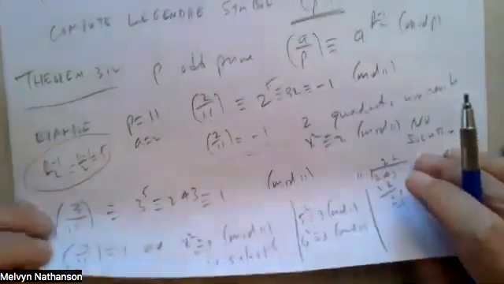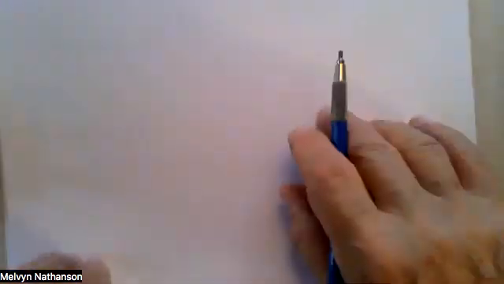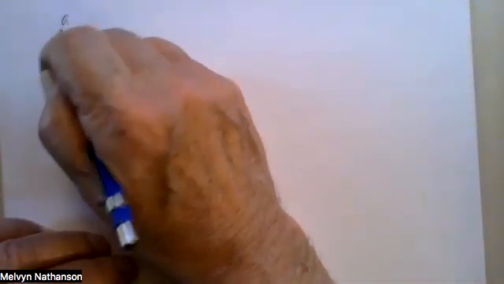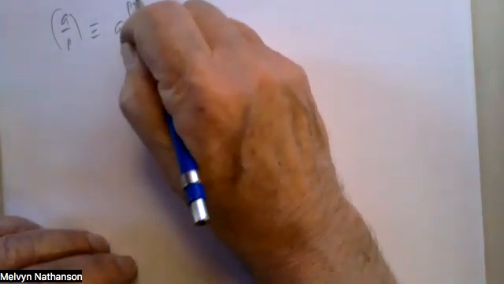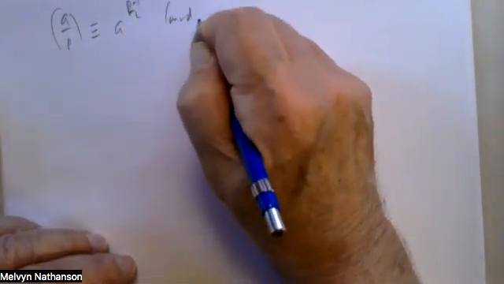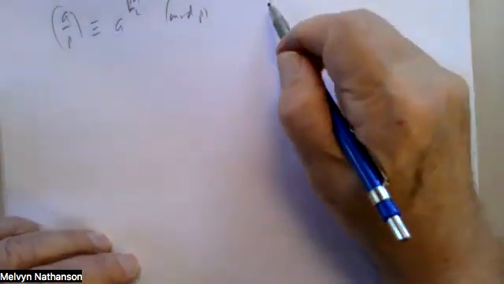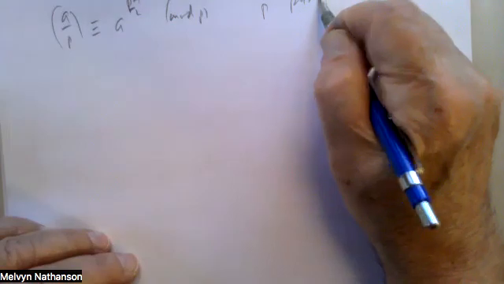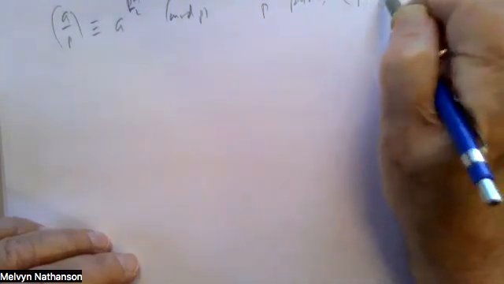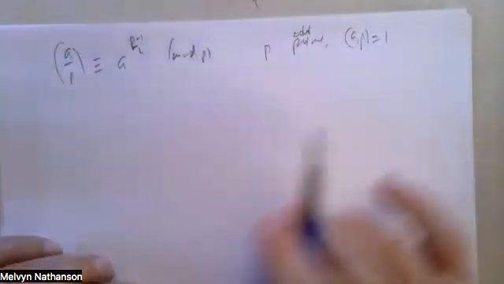Let's see. Let me just make one other comment to suggest why this theorem makes sense. The theorem says that A over P is congruent to A to the P minus 1 over 2 mod P. So again, P is always an odd prime, and A and P are relatively prime integers.